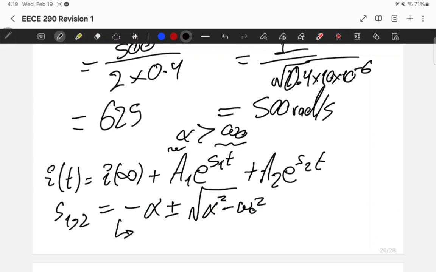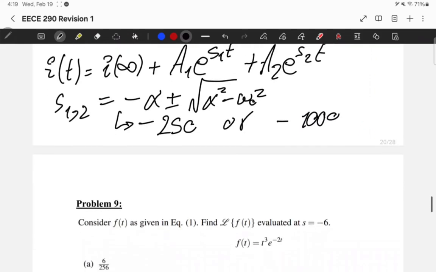So from this, if I do the calculations, I'm gonna get minus 625 plus or minus square root 625 square minus 500 square, either negative 250 or I get minus 1000. So this is S1 and S2.